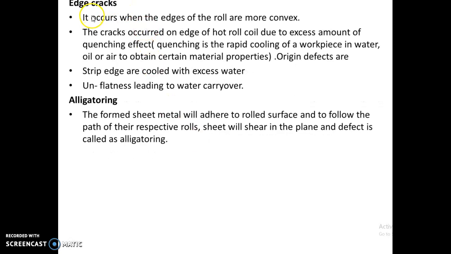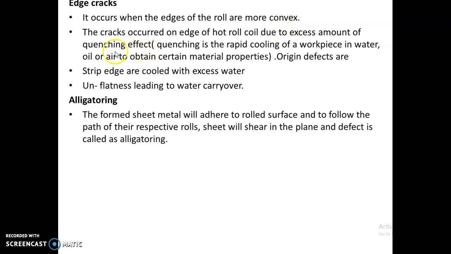What are edge cracks? Edge cracks occur when the edges of the roll are more convex. We do not want the edge to be more convex. If the edges of the roll are more convex, it obviously results in edge cracks. The cracks occur on the edge of the hot roll coil due to an excess amount of quenching effect.